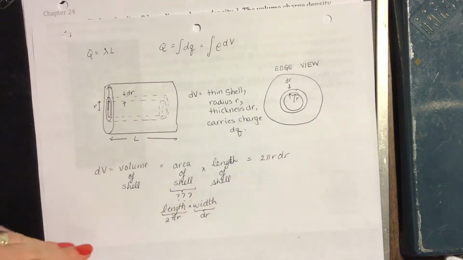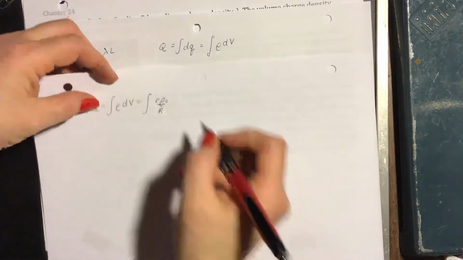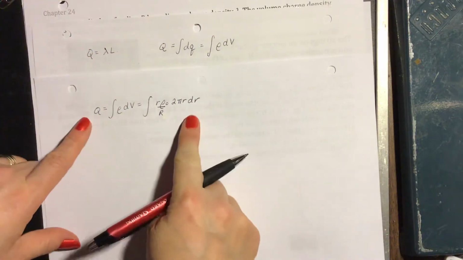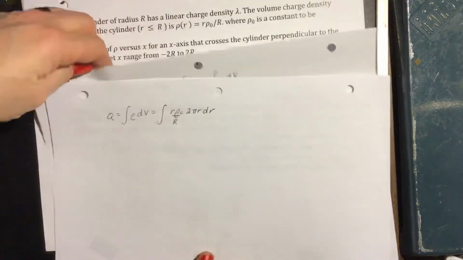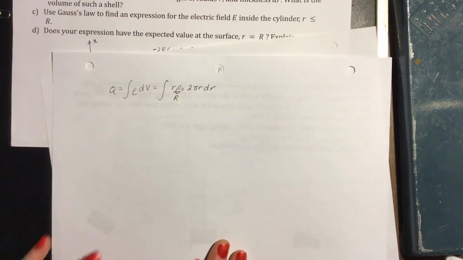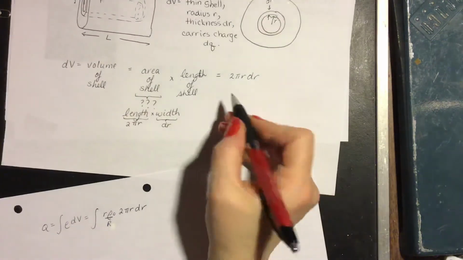So we said that volume was 2 pi r dr. Now we have an expression for the net charge on that cylinder, so let's get to work on solving this. Oh, and I dropped my length: 2 pi r times dr times the length.